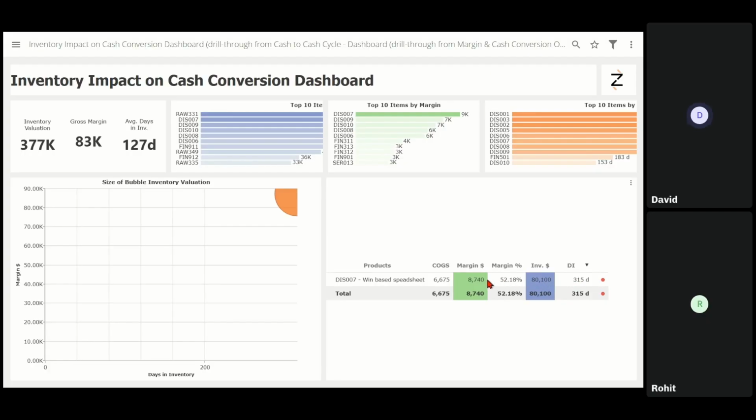Yes, it's giving me good margin. It represents an interesting cost of sale. The gross margin percentage is actually quite healthy, 52%, but 315 days this product is staying in the inventory. Right? So it's sitting in inventory, it's aging.